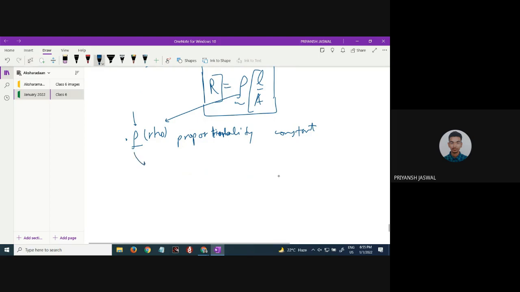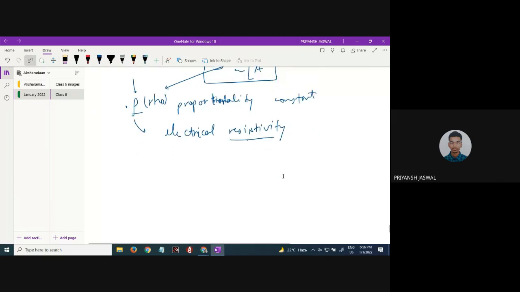This proportionality constant, rho, is named electrical resistivity. Remember, R is electrical resistance, rho is electrical resistivity. Resistivity is the property of material. The electrical resistivity of a conductor is a characteristic property of the material used.